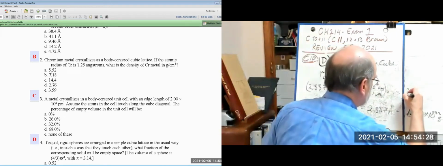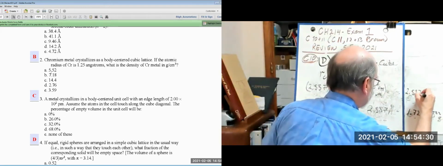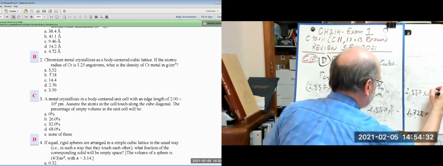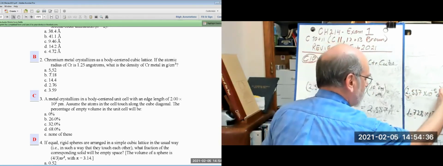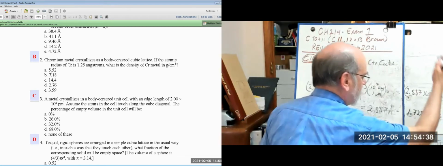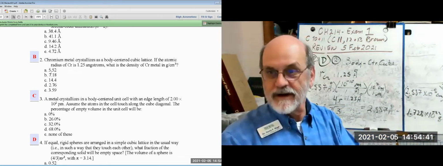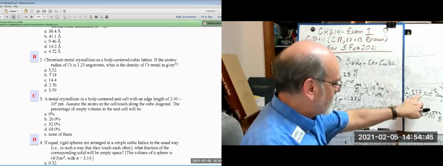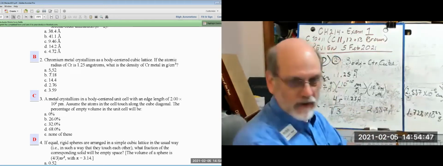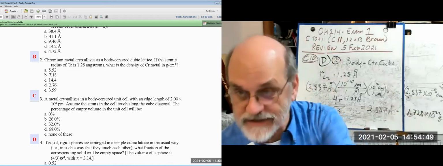So it's 2.887 times 10 to the minus 8 centimeters cubed is the volume. So we got mass divided by volume. You just divide this one by that one, and you've got your density.